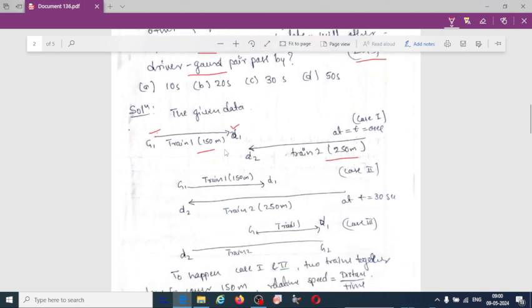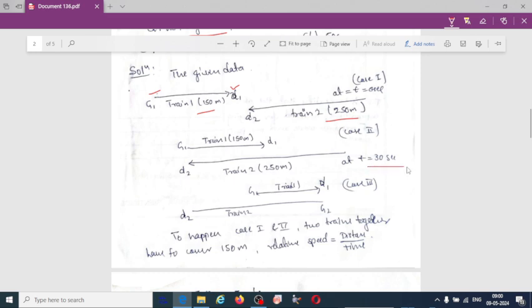So first we have to draw this diagram for train 1 and train 2. Initially they are at this position when time t equal to 0, and both the drivers are going to coincide.